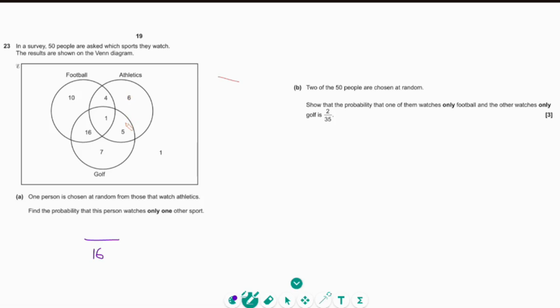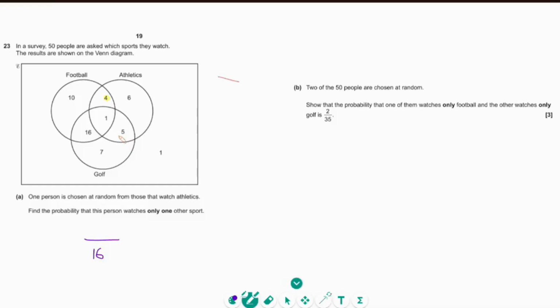These 4 people watch athletics and one of the sports. They don't watch only one, because they watch 2 other sports, including athletics. So that person watches athletics, football and golf, which is athletics plus 2 other sports. These watch athletics and golf, which is athletics and one of the sports. So it's 4 out of 5, which is 9. So it's 9 out of 16.